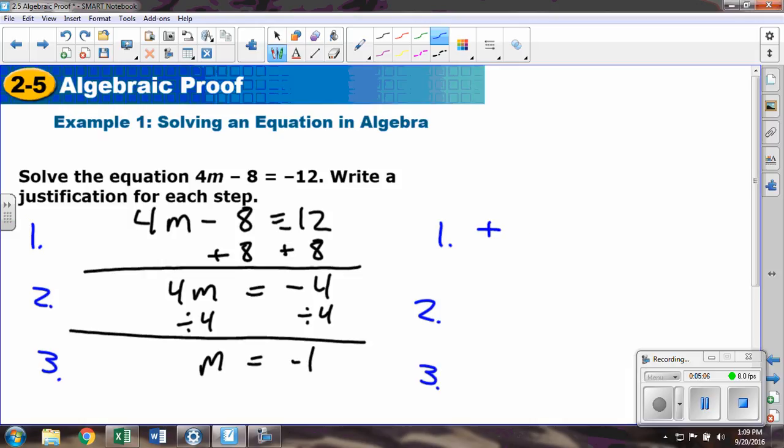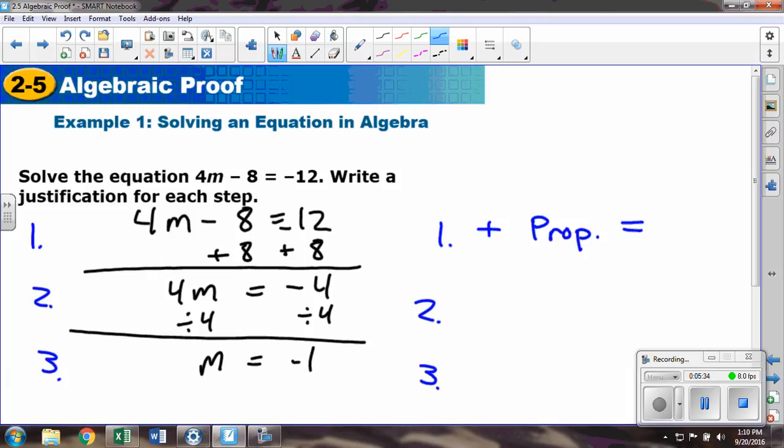That was the additive property of equality. And yes, you can actually write out those words, additive property of equality, that's fine. But we will frequently use abbreviations just to save us some time with the writing. For the second one, what did we do? We divided.